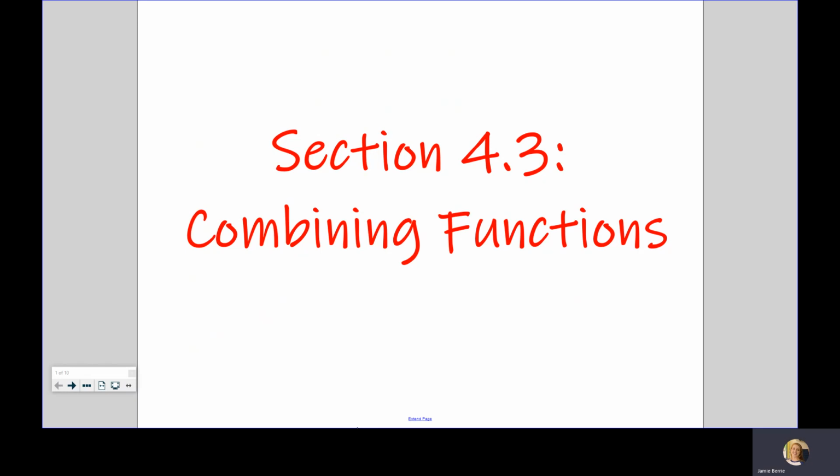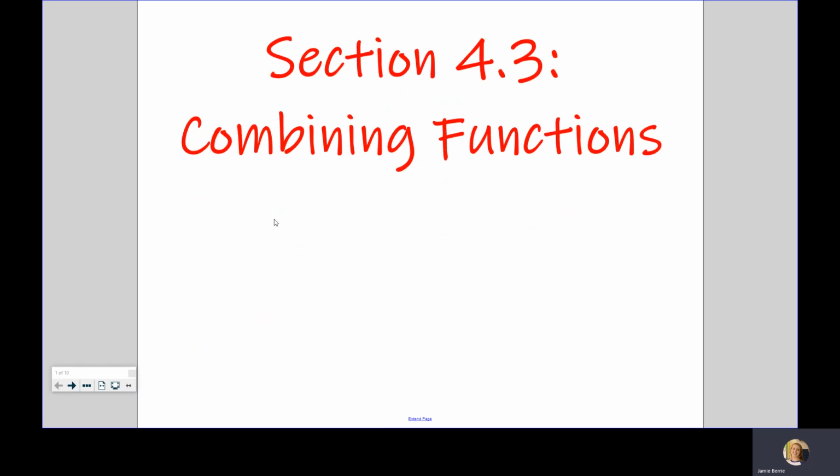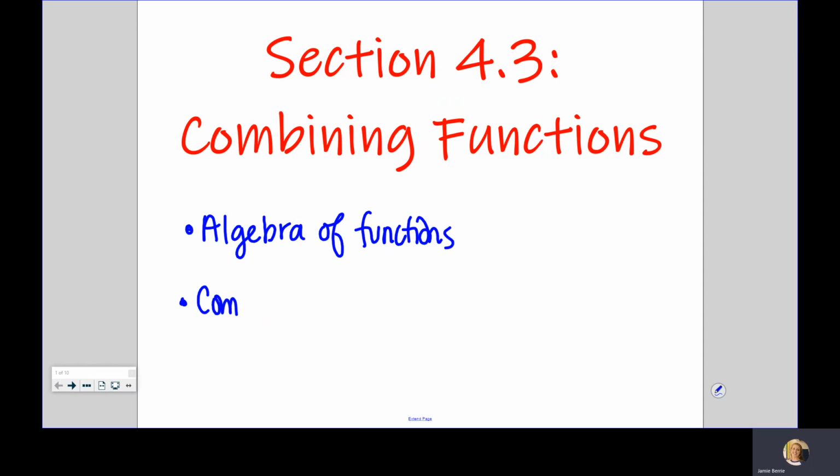So when we talk about combining functions, we'll do two types of combinations today. The first one that we'll talk about is called the algebra of functions, and then we'll also talk about the composition of functions.